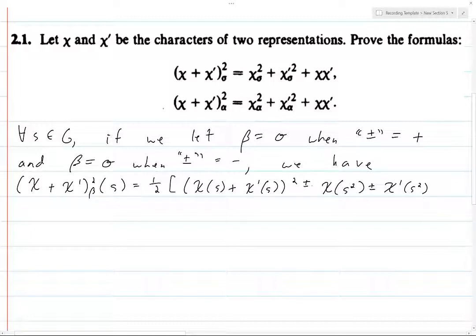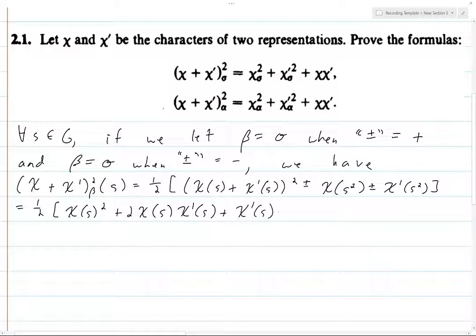Of course, the plus minuses correspond to whether beta is sigma or alpha. Okay, so that's that. Now this is 1/2 chi of s squared. We basically FOIL this.